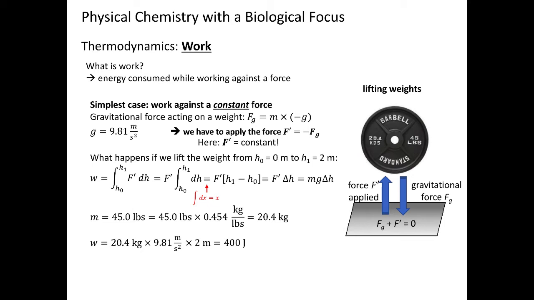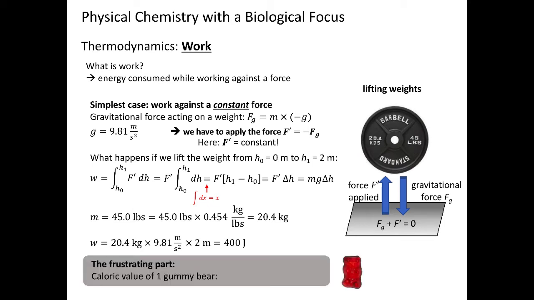Well, the frustrating part of all that, because this sounds like a significant workout, is the caloric value of one gummy bear. Essentially the energy stored within one gummy bear is 35,000 joules, which sounds crazy, but what is a joule?